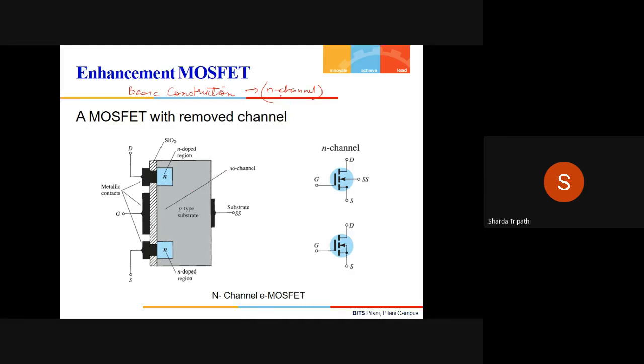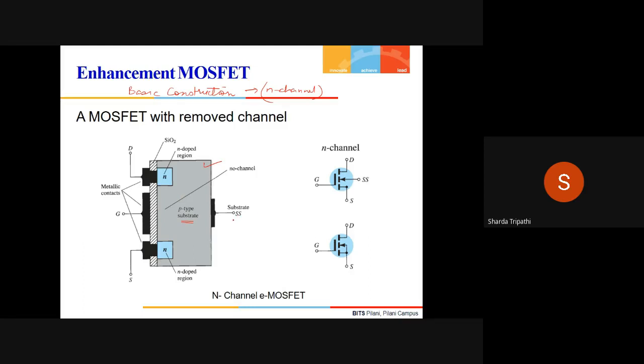So while we are talking about the N-channel enhancement MOSFET, we see that just like the depletion type MOSFET, here we have a slab made up of a P-type material, and we call this slab the substrate. This acts as a foundation on top of which other components of the FET are fixed and the final setup is prepared.